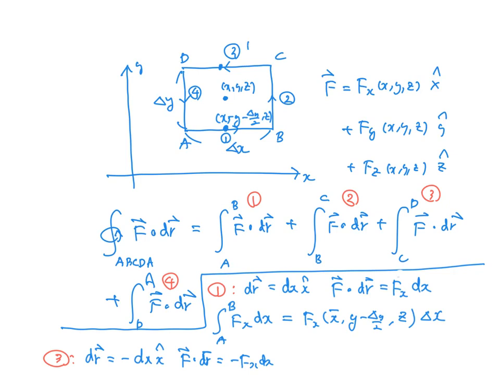And this point will be x bar, y plus delta y over 2, z. So this line integral of fx dx will be minus fx at x bar, y plus delta y over 2, z, times delta x. So can I move on, or do you need time to copy?